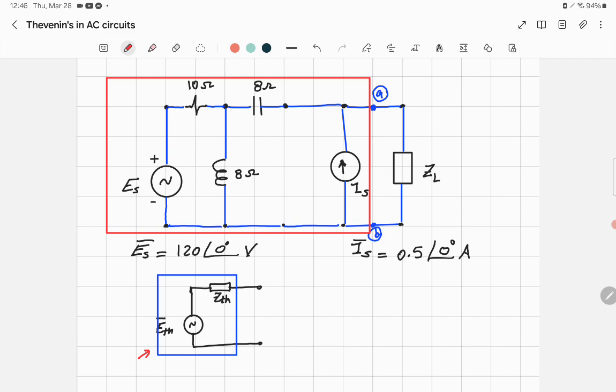In AC circuits, this theorem is particularly useful for analyzing circuits with multiple components by reducing them to a simple form. By determining the Thevenin voltage, which is here called E Thevenin, and the impedance, which is called Z Thevenin, we can easily analyze the behavior of the circuit and calculate various parameters such as voltage, current, and power across different elements.